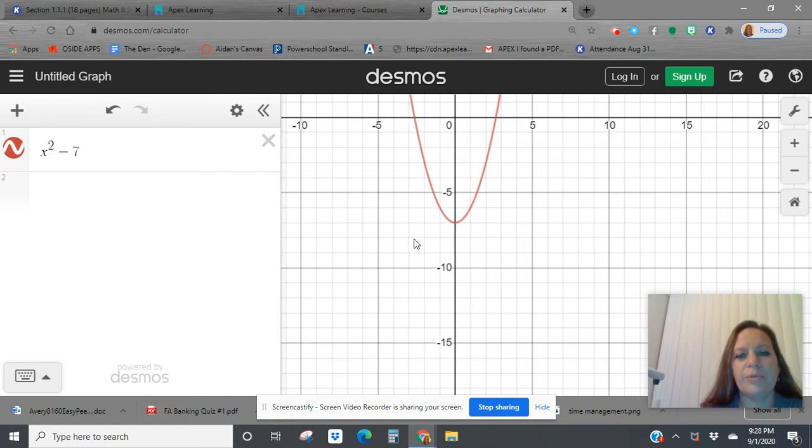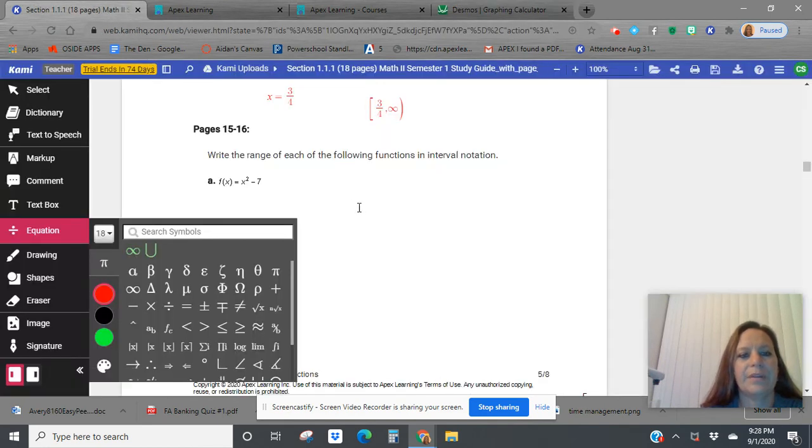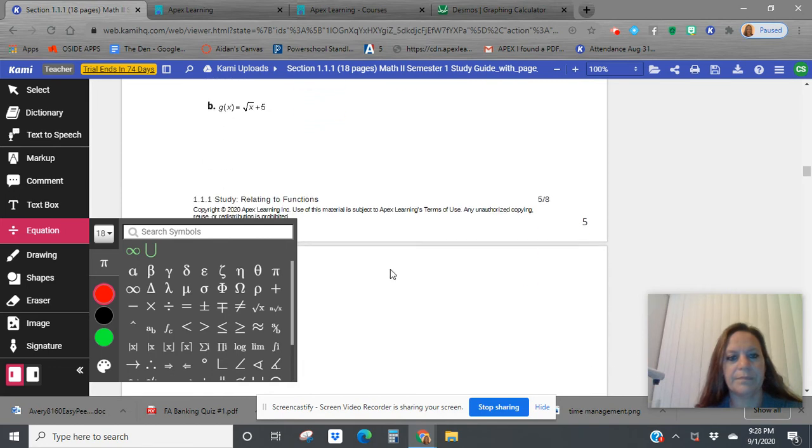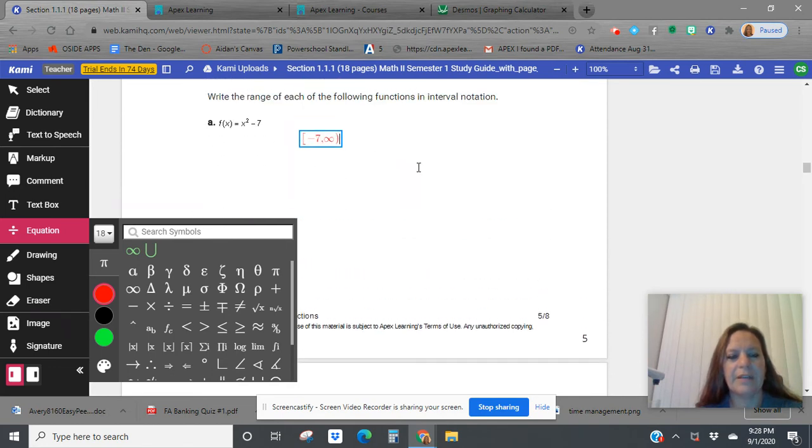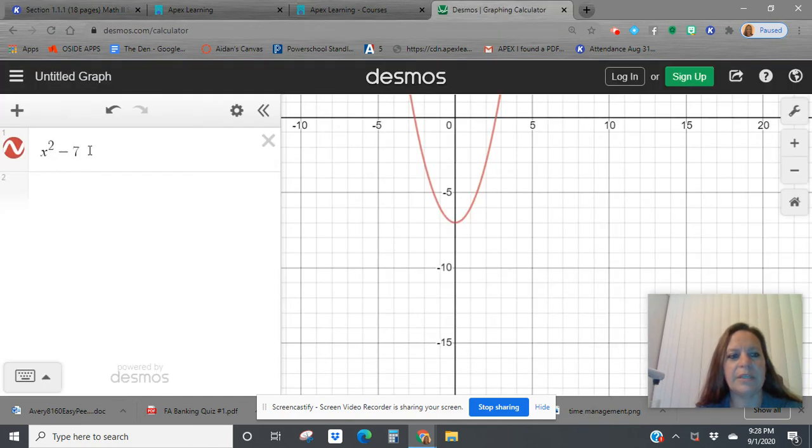So the range will begin at the least of -7 and go to infinity. So the range in interval notation for this one is included -7 to infinity. Finally, the square root of x plus 5. Let's go put that graph into Desmos and see what that looks like.